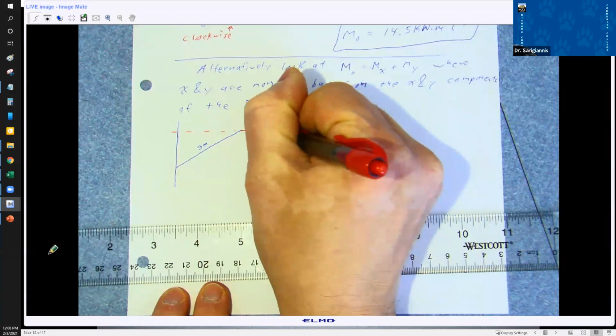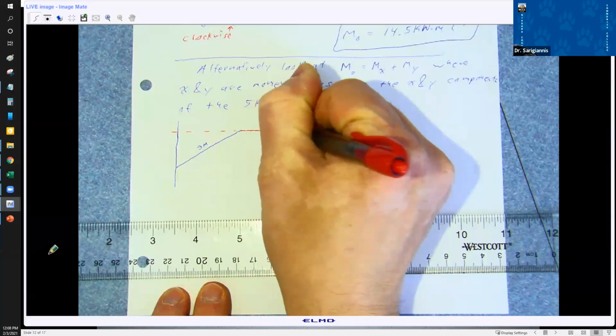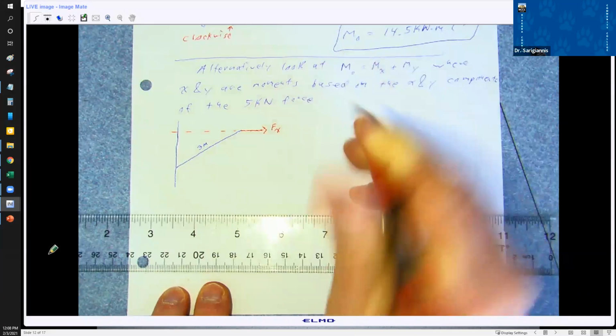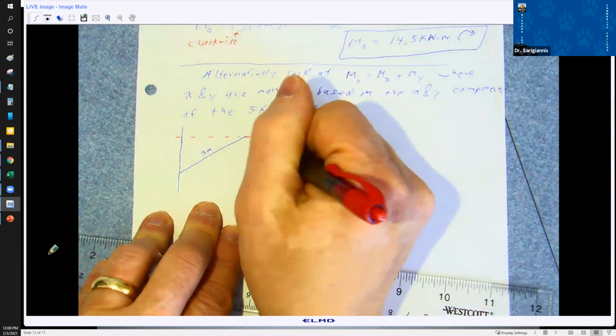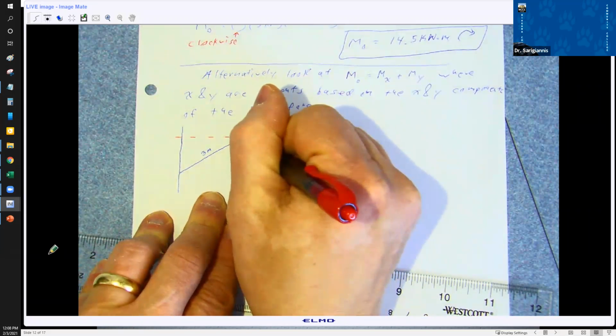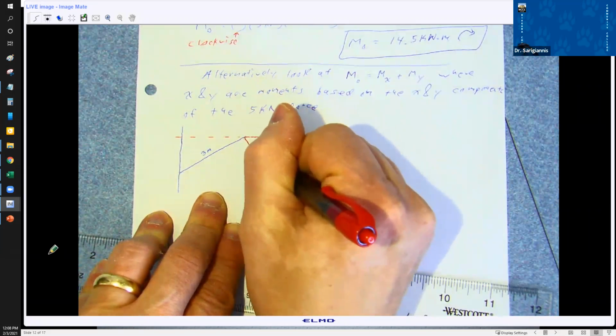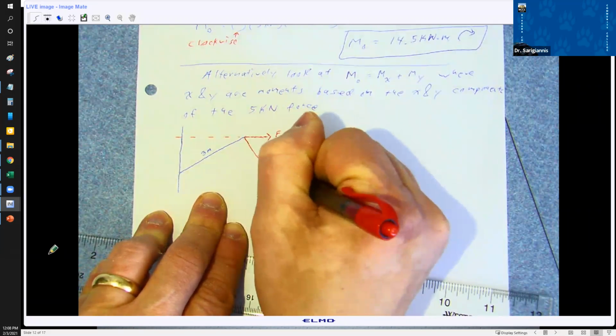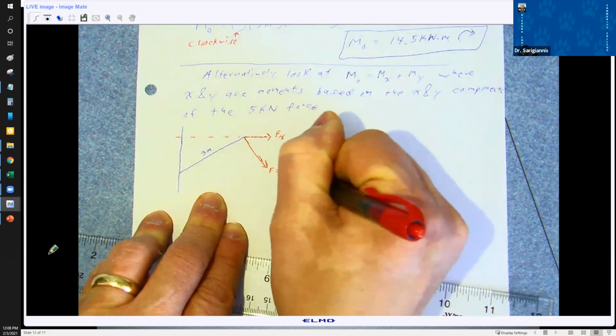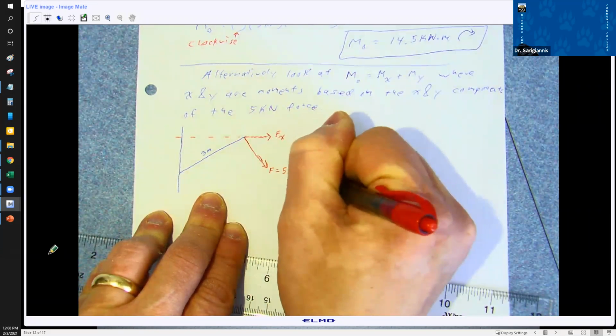Let me just state more generally, I find it harder to draw a straight line. This is your X direction force. Oh, I should actually draw the force in here. I was drawing the axis to get a feel for the angle. So here's your force equals 5 kilonewtons.